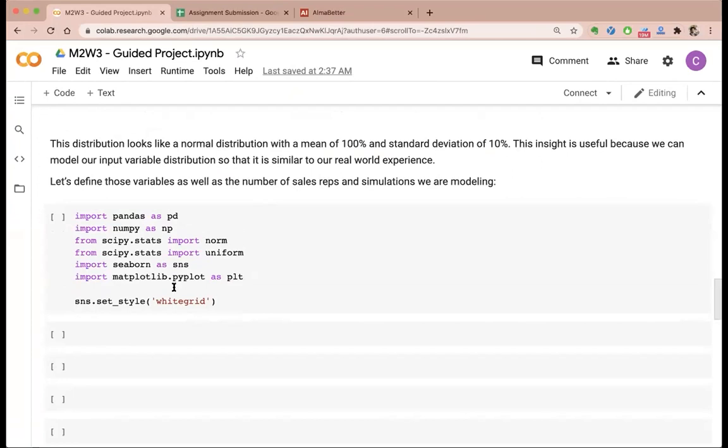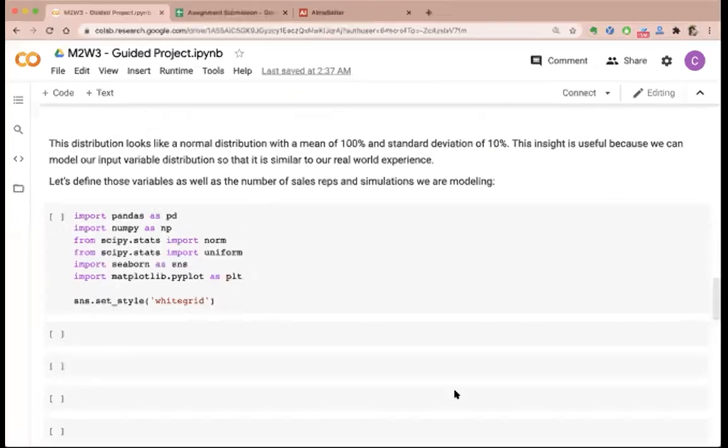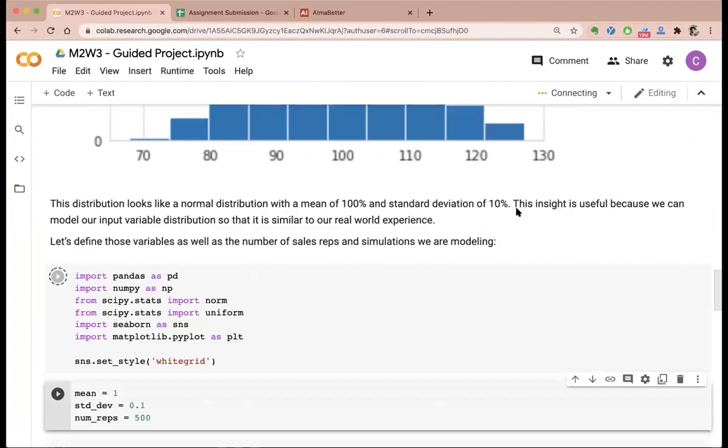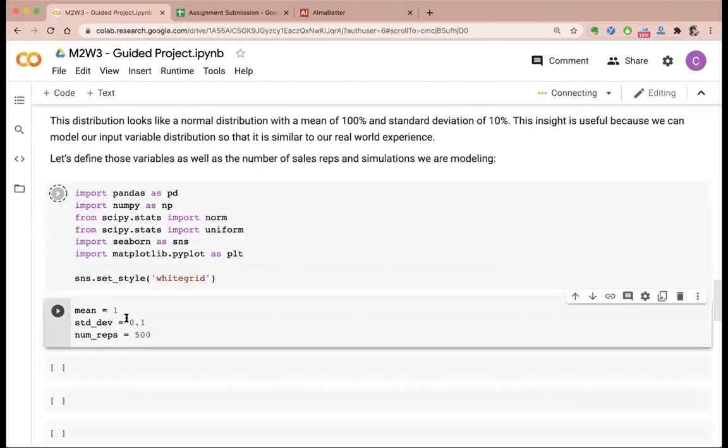I'll just write the numbers. I have a mean of 1. I'm not taking 100 and 10, I'm just taking 1 and 0.1, so basically I'm taking the ratio. 100% means 1, 10% means 0.1.